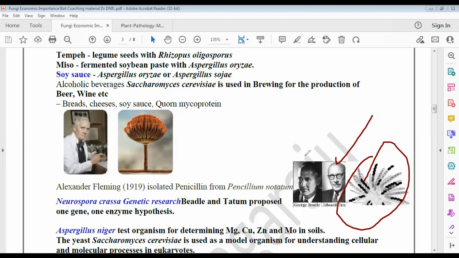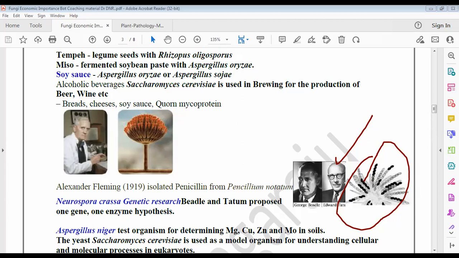The one gene, one enzyme theory calls for the production of so many antibiotics, enzymes, hormones, vitamins. This theory was proposed by these two people, Beadle and Tatum.